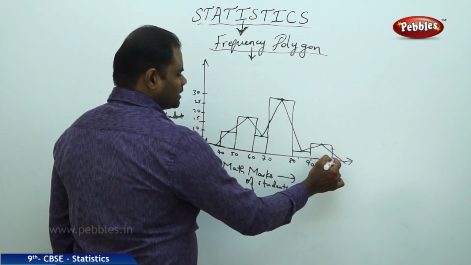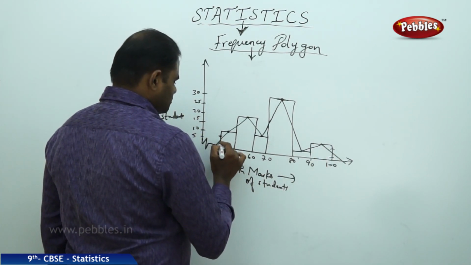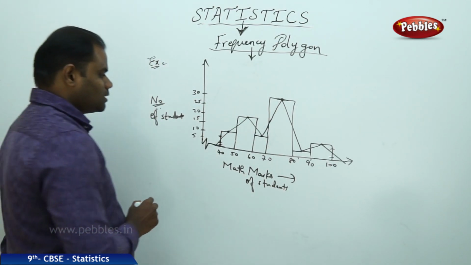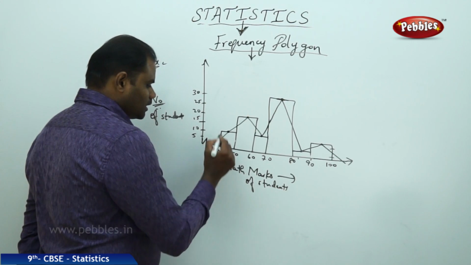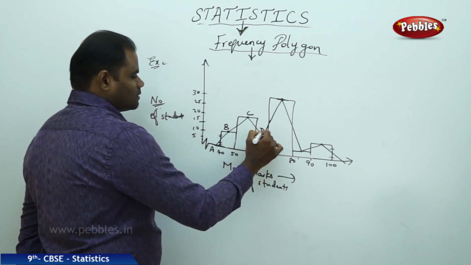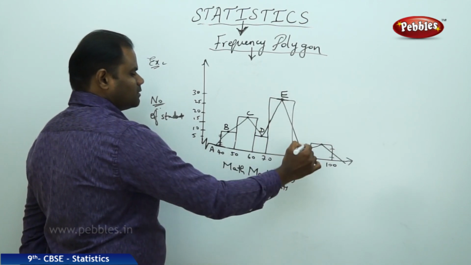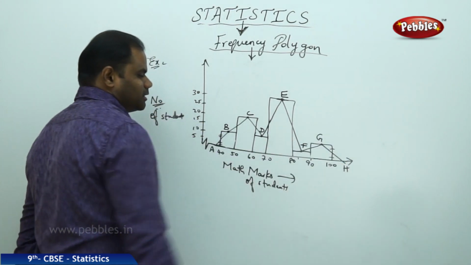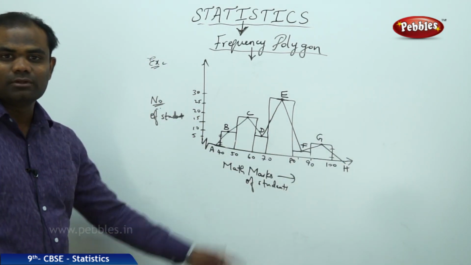And here, exactly cutting at the middle points, we get a polygon. So a polygon which is A, B, C, D, E, F, G, and H is called a frequency polygon.